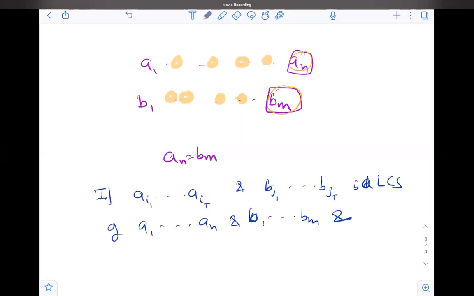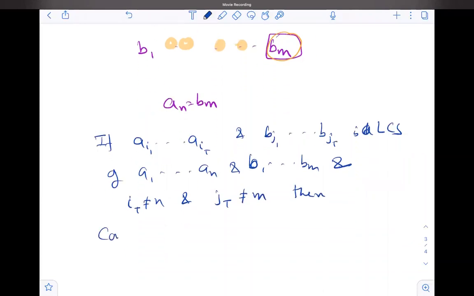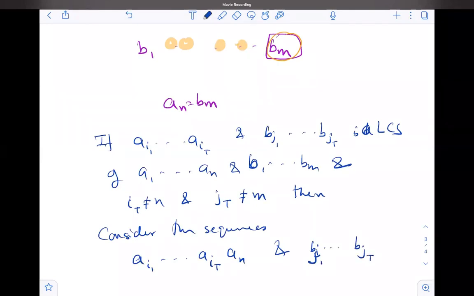If IT is not equal to N and JT is not equal to M, then consider the sequences AI1 to AIT and AN, and BJ1 to BJT and BM.